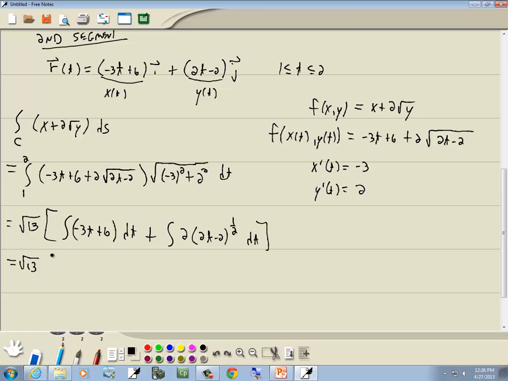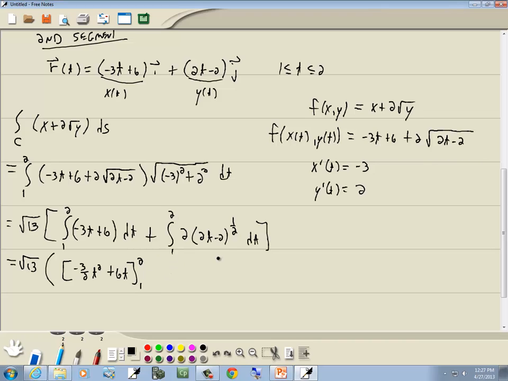Okay, so then this right here, brackets. Add 1 to your power, so it becomes negative 3/2 t squared. 6 becomes 6t. And this, though I dropped them, go from 1 to 2.